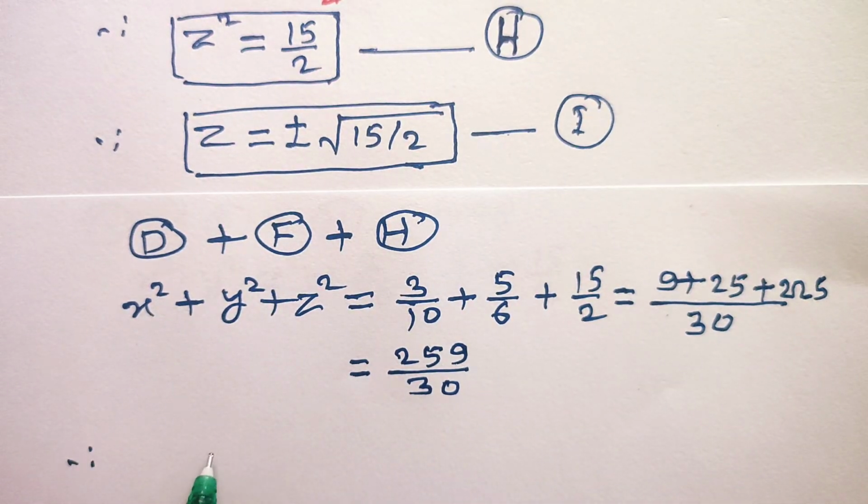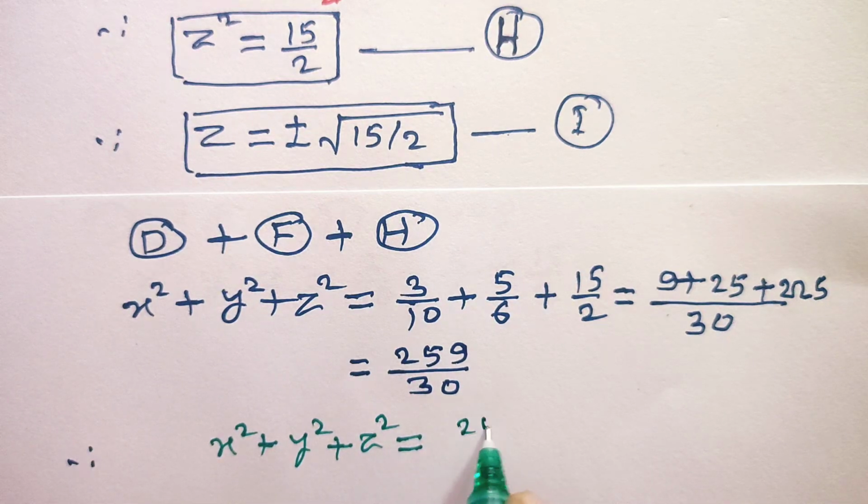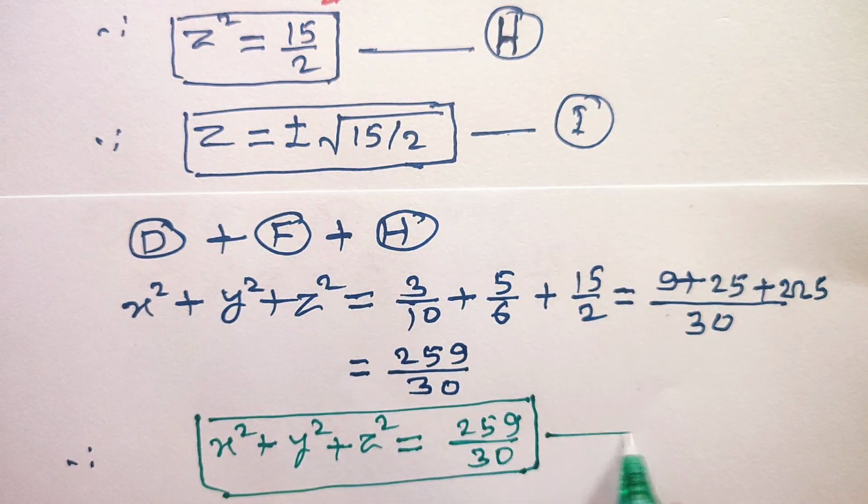Hence x square plus y square plus z square is equal to 259 divided by 30. And consider this is answer number 1.